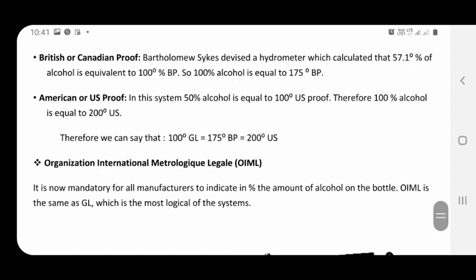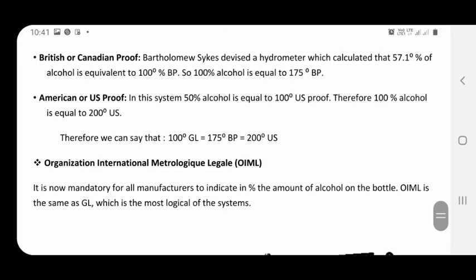Next is the American US proof. In this system, 50% alcohol is equal to 100 US proof. Are you getting it? If the US proof is 100, it means there is 50% alcohol.